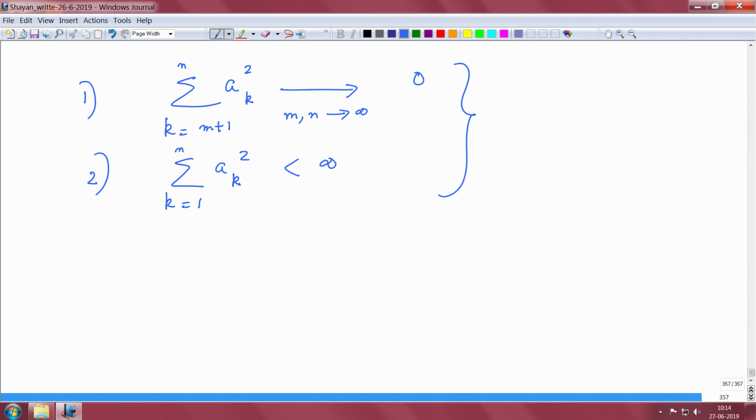So what we want from this is to lead to the notion of what a Cauchy sequence is, and that is the reason why we are bringing this picture through a series summation. We pick an epsilon greater than 0 and m to be significantly large, such that summation k equals m plus 1 to infinity ak square is less than some tolerance epsilon.